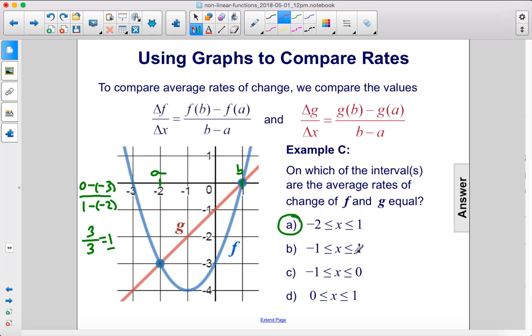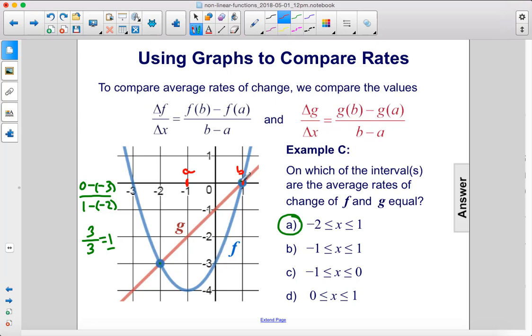Let's look at the next interval. So we have negative 1 and 1. So here, this is going to be our new a. I will erase these ones. Okay, so this is our new a, negative 1, and positive 1 is b. So over here, let's find f of b.